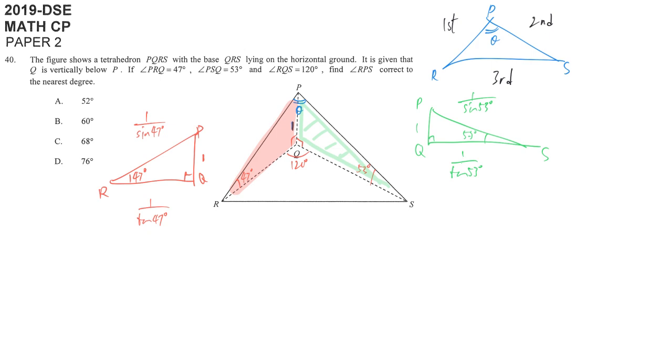So we have two pieces of information here, which are 1 divided by sine 47 degrees and 1 divided by sine 53 degrees. Finally, we also need to find out RS, so another plane. Again, we need to draw properly.